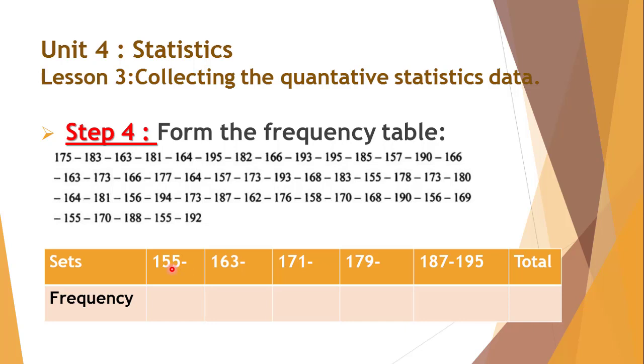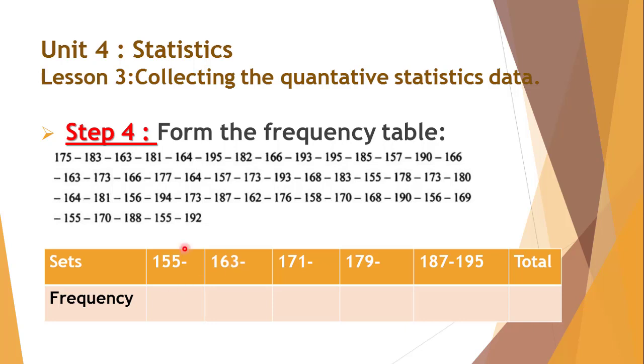So I'll count how many numbers between 155 to 163, but count 155 and don't count 163. So now I want 155, 156, 157, 158, 159, also 160, 161, 162. 163, no. 163, we will count it in the other set.